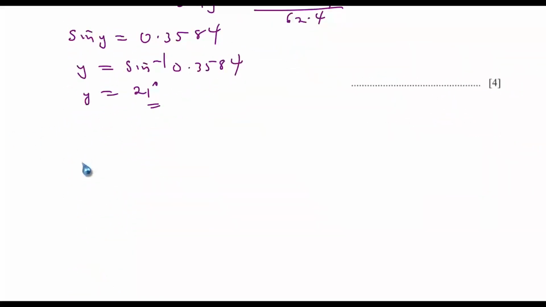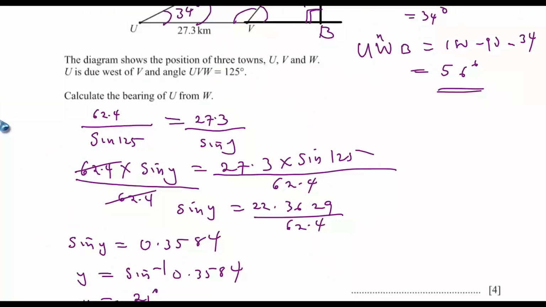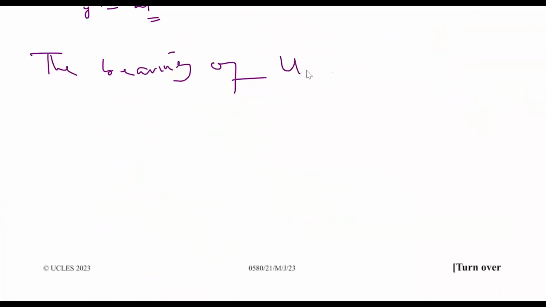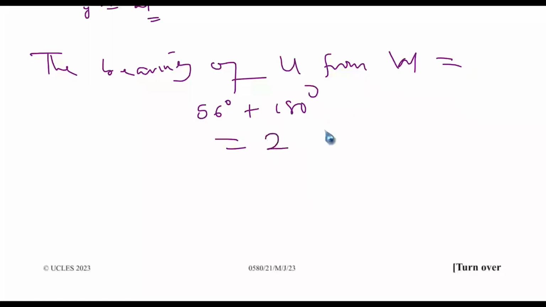We can now say the bearing of U from W will be equal to 56 degrees add 180 degrees, and that will give you 236 degrees. So that is how to get the bearing of U from W.